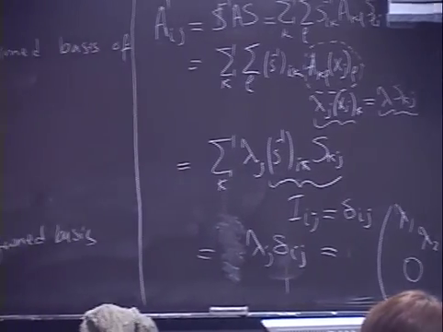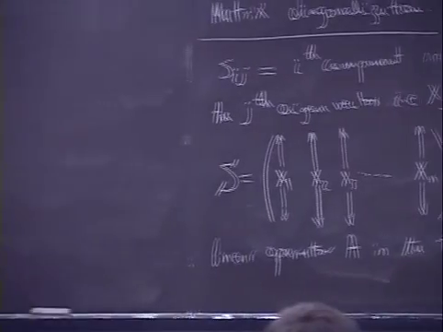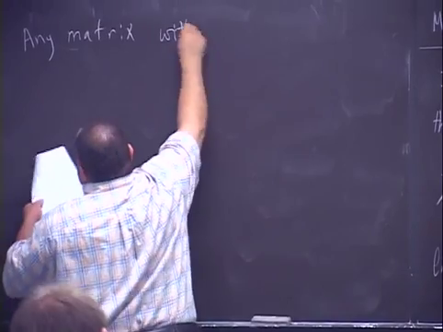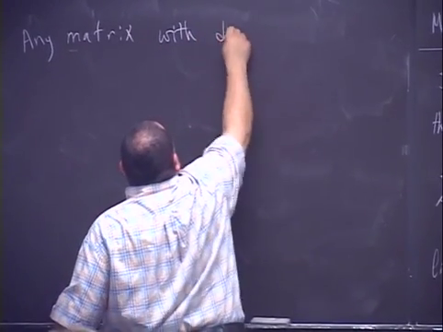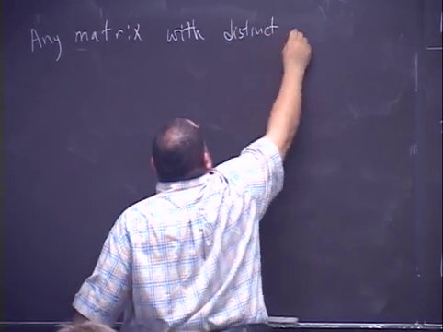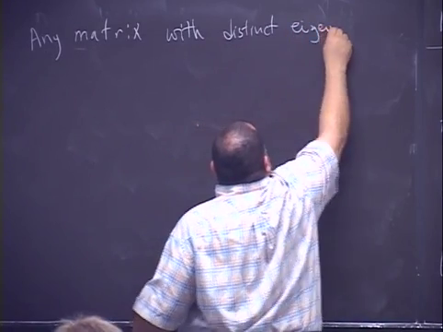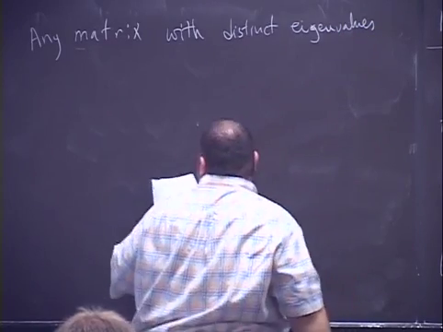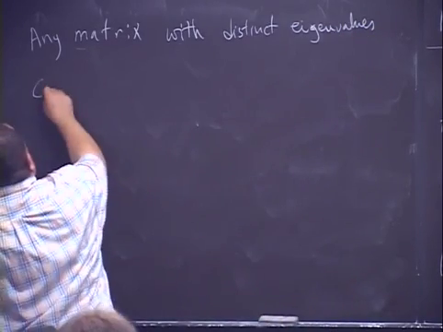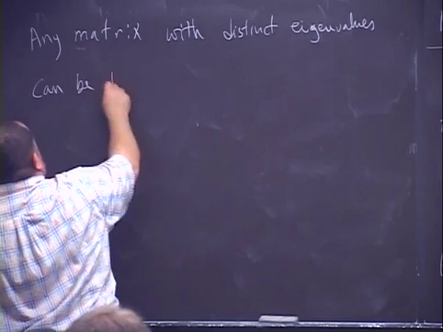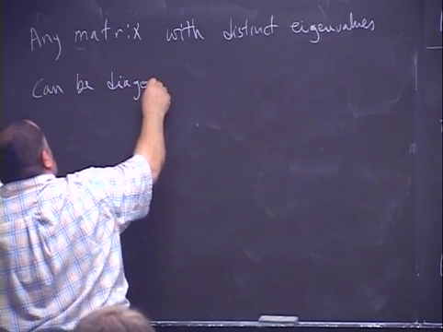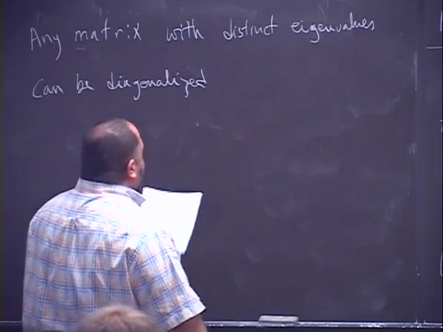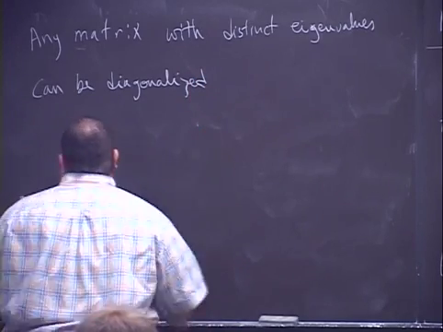Any matrix with distinct eigenvalues, meaning that your eigenvalues are different, they are not the same, can be diagonalized. So if you have a matrix with distinct eigenvalues, you can diagonalize the matrix.